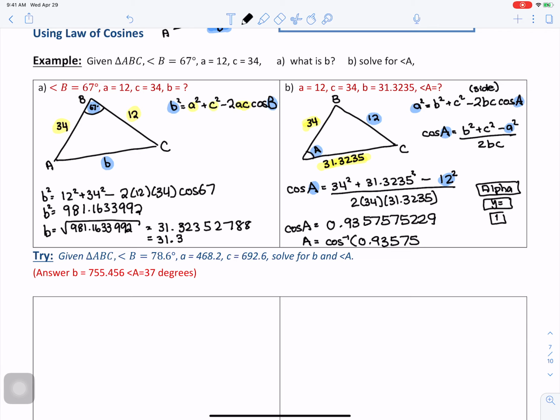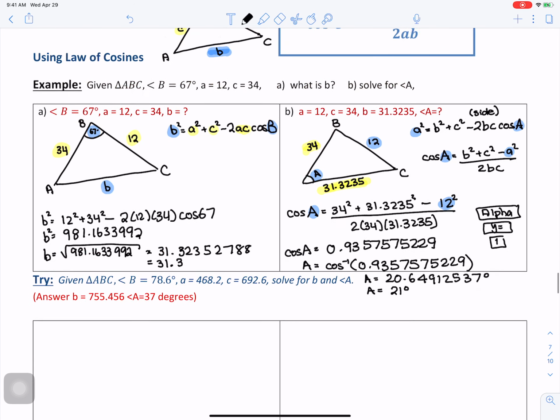So cos inverse of that answer is 20.64912537 degrees. And because this is an angle, I'm going to round to the nearest degree, which is 21 degrees.